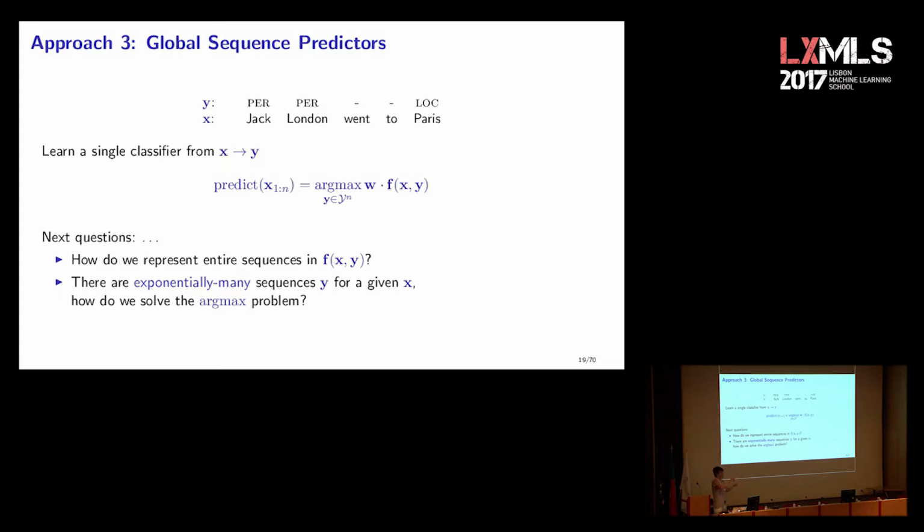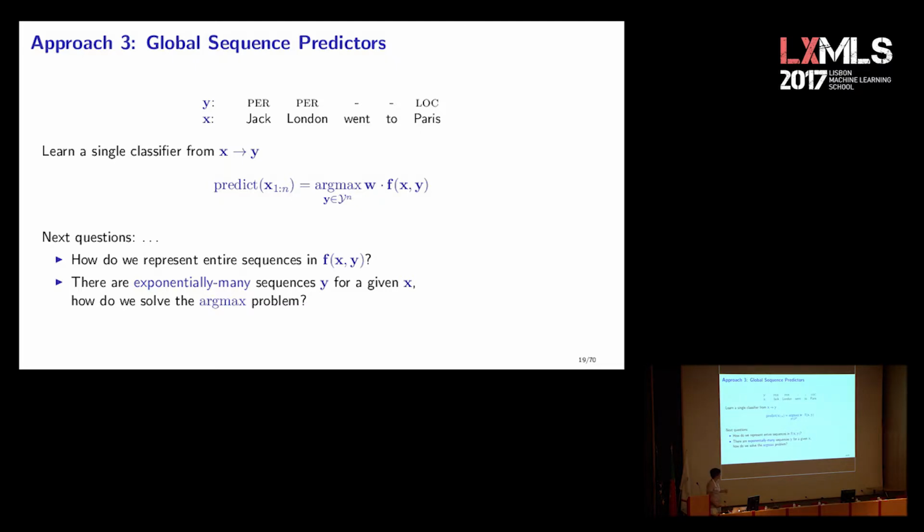When we have classification, we have a fixed input and one label, and we saw how to represent that. Now we have to think about how to represent things of arbitrary length, because this inner product space is of fixed dimensionality. So we need to take pairs of sequences of arbitrary length and put them into some space of fixed dimension, which will define our linear prediction.